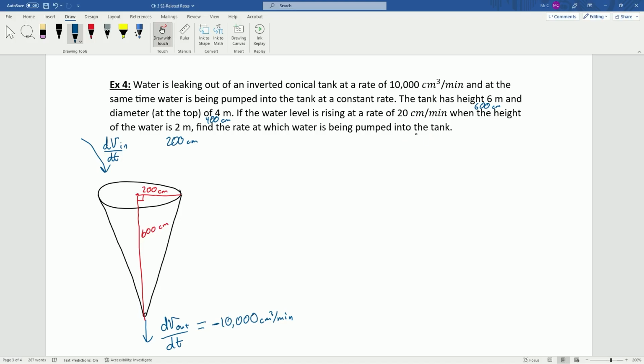Okay, so let's parse that last bit a little. We're looking at the moment when the height of the water in the tank is 200 centimeters.